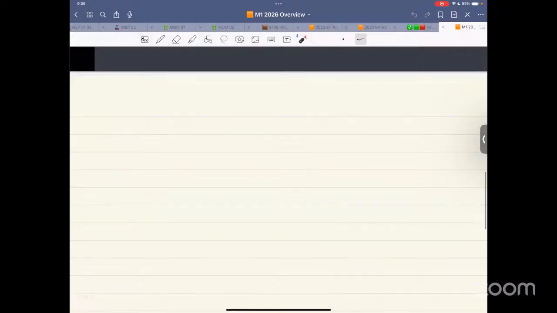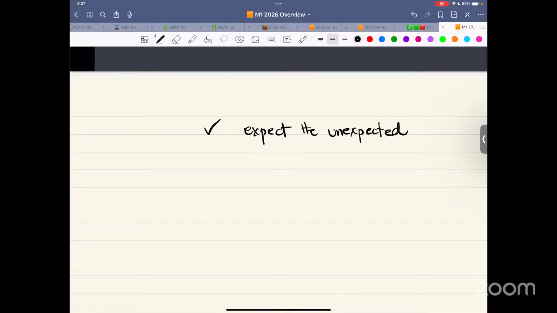So now it is about expecting the unexpected. That means some kind of basic O-level concept can be asked in M1 and so on. So that is the first thing that you need to take care of.